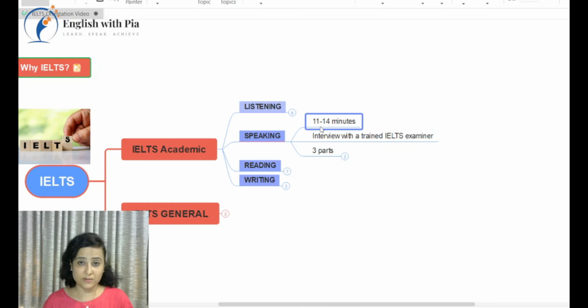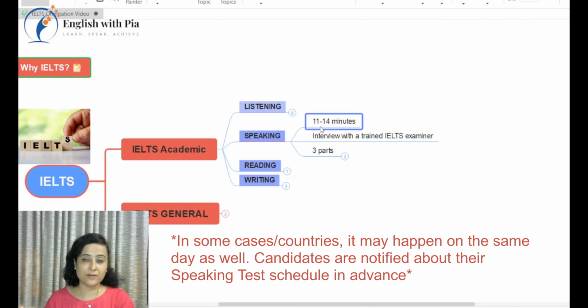It's a one-to-one interview, and it takes place on a separate day, from whatever date you have taken for your LRW, that is listening, reading, writing. That happens on a particular day, and the speaking can either happen before or after your LRW.